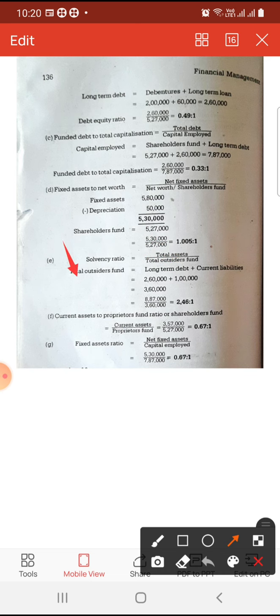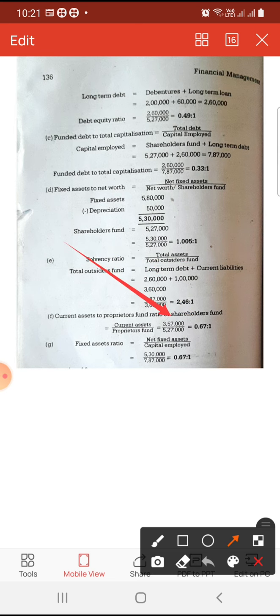Next is solvency ratio. Solvency ratio is equal to total assets divided by total outsiders fund. So total outsiders fund is equal to long term debt plus current liability, 2,60,000 plus 1 lakh, it is 3,60,000. Okay, so if you divide, you will get 2.46:1. Next is current assets to proprietors fund ratio, or shareholders fund.